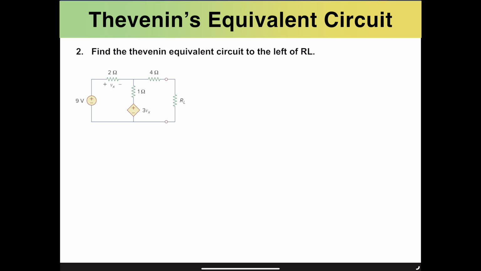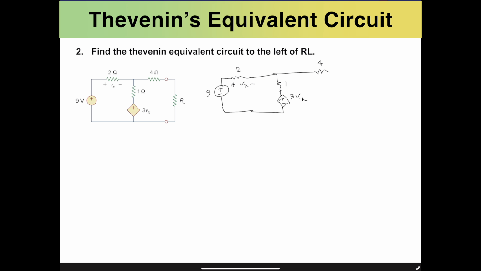So let's try to find the open circuit voltage in the first place. So I'm going to simplify the circuit in this case. 9 and 2 Vx is across that. 3 Vx.